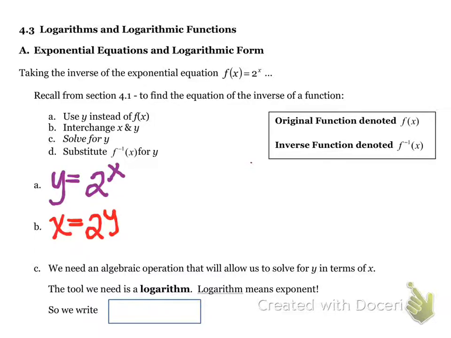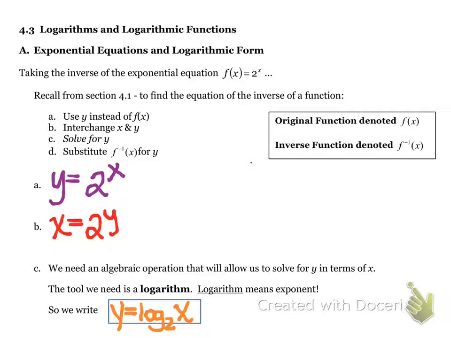Then the operation that allows us to bring y out of the exponent is called a logarithm. So this would be written as y equals log base 2 of x.